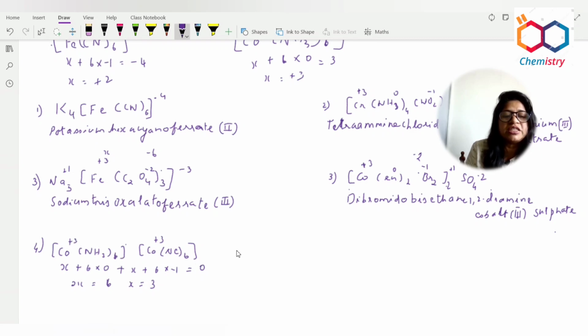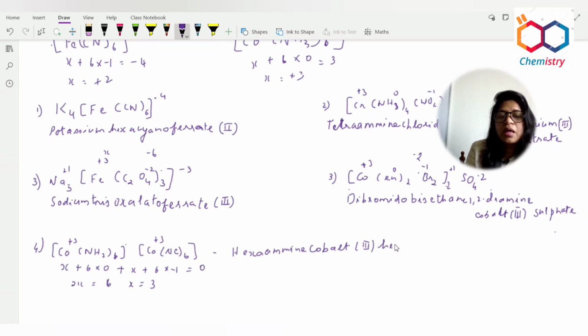Now how do we name it? First name the first coordination entity. Hexaammine. 6 NH3 is there, so hexaammine. Two times you will write A also, okay? That doubt and all need not come for the exam. Hexaamminecobalt. It is a positive coordination entity, so I am naming it as cobalt. Cobalt(III). Oxidation state is 3.